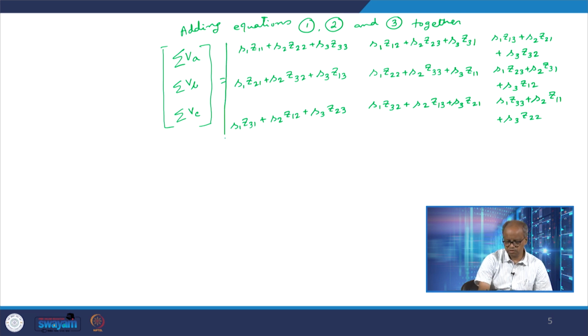So this is the matrix, and this would be multiplied by IA, IB, IC.